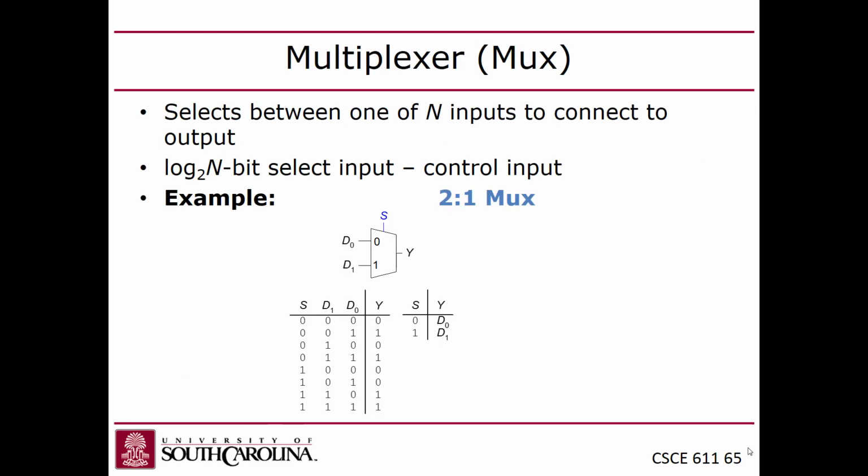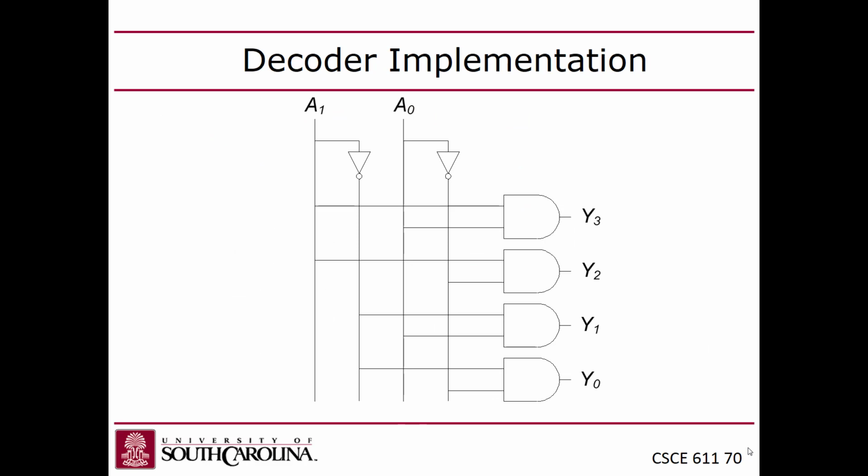They only use T-junctions for this diagram. That's intentional. For example, this A0 has a T-junction here that would connect A0 to this gate and A1.